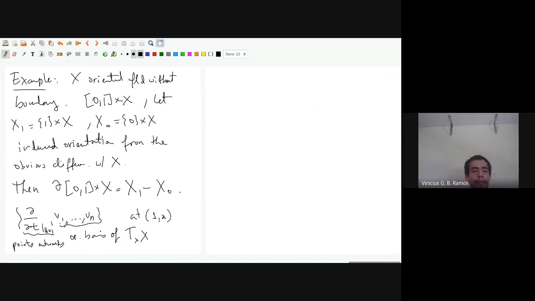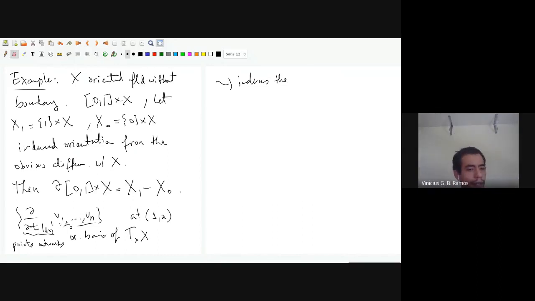So this means that if I pick an oriented basis like this, and I take this, the orientation that it induces... well, let me say this again.